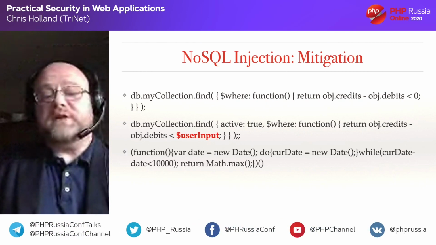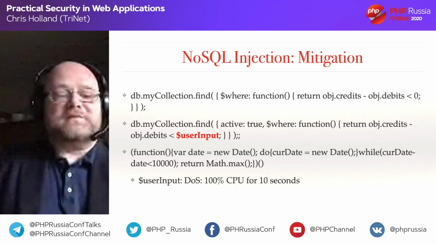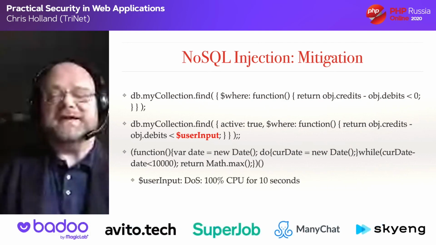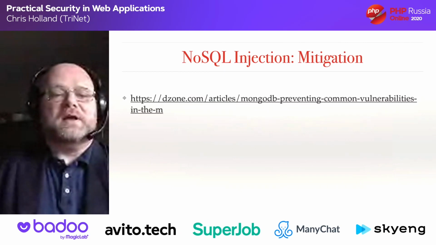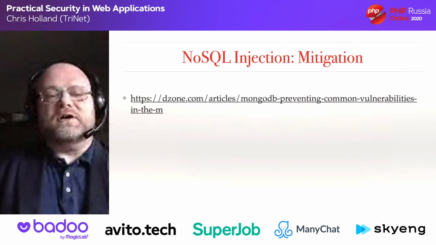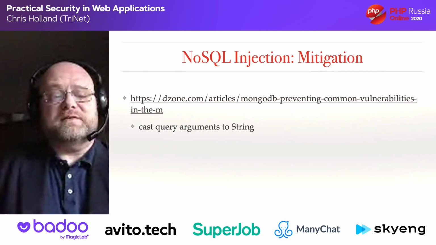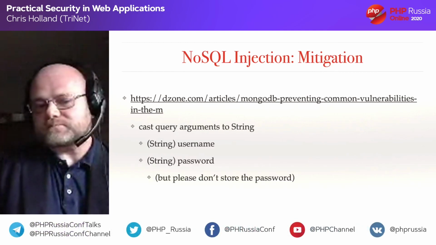Well, if that user input happens to be a string which looks like this, well, that string is going to cause 100% CPU for 10 seconds, so it could kill your server, right? So you have to be careful. So here I have an article on preventing these issues. They recommend to cast arguments to string.